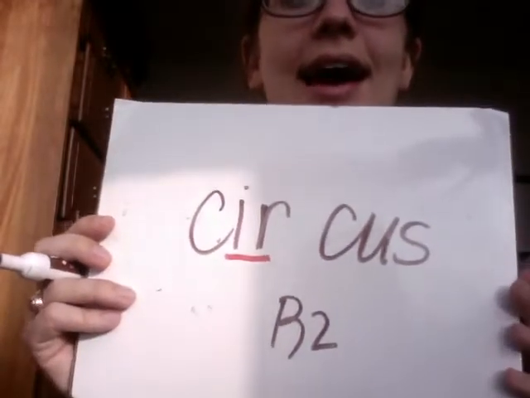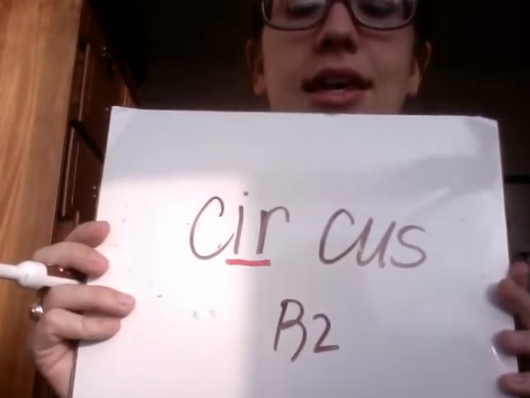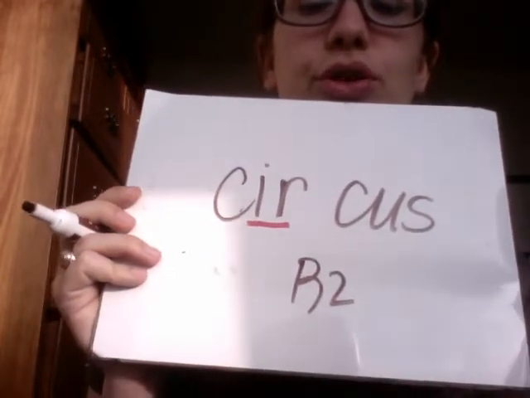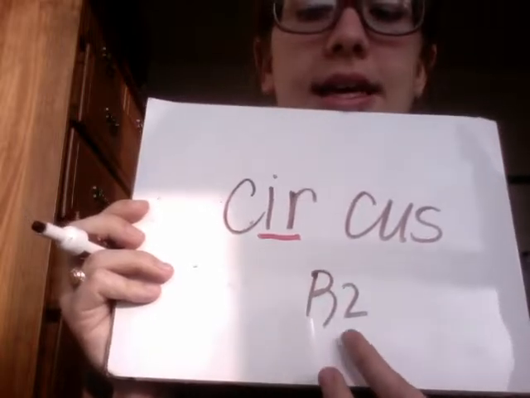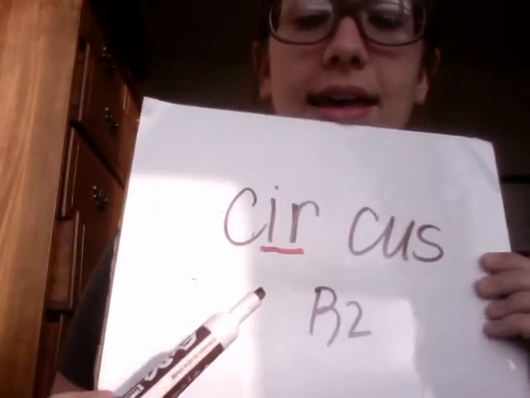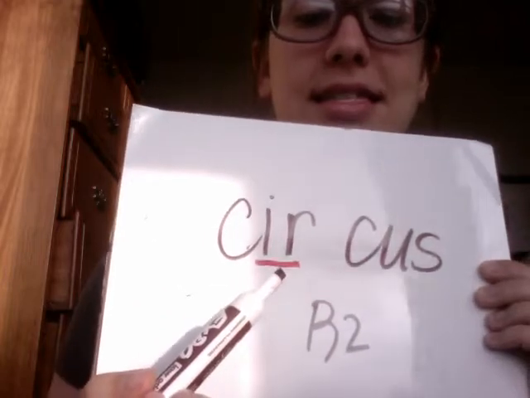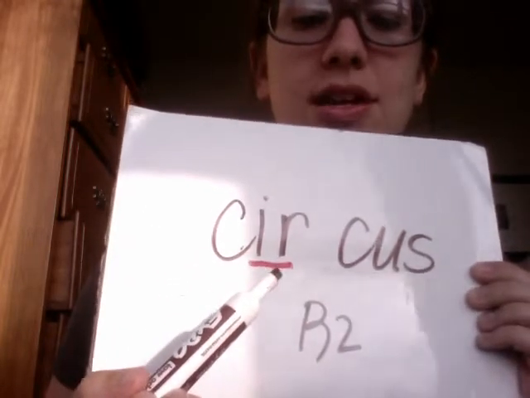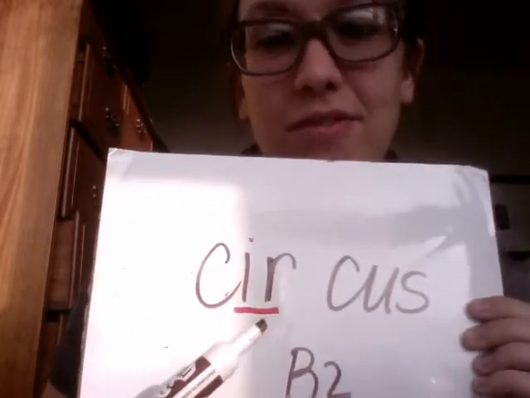Spelled C-I-R-C-U-S. And rule 2, remember, C says k, but before E, I, or Y, it says s. So that's why it's circus and not kirkus. Well, that'd be kind of funny.